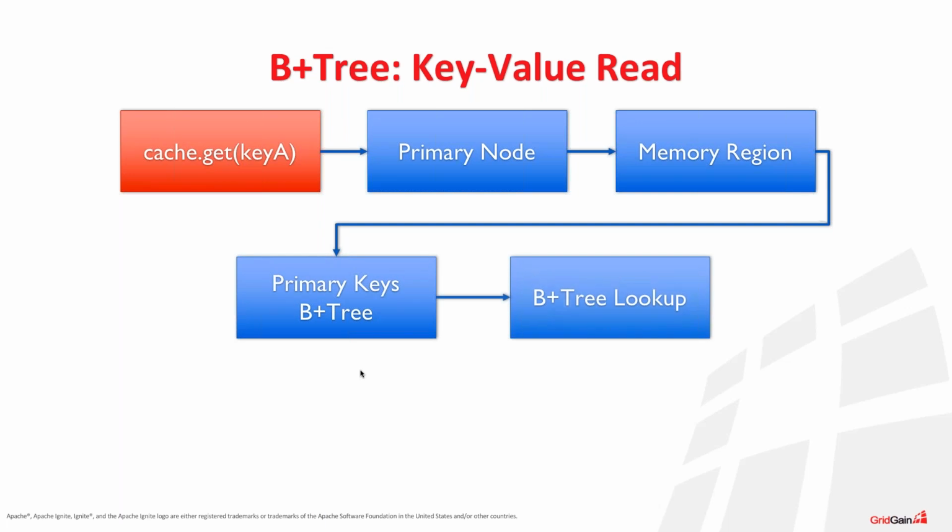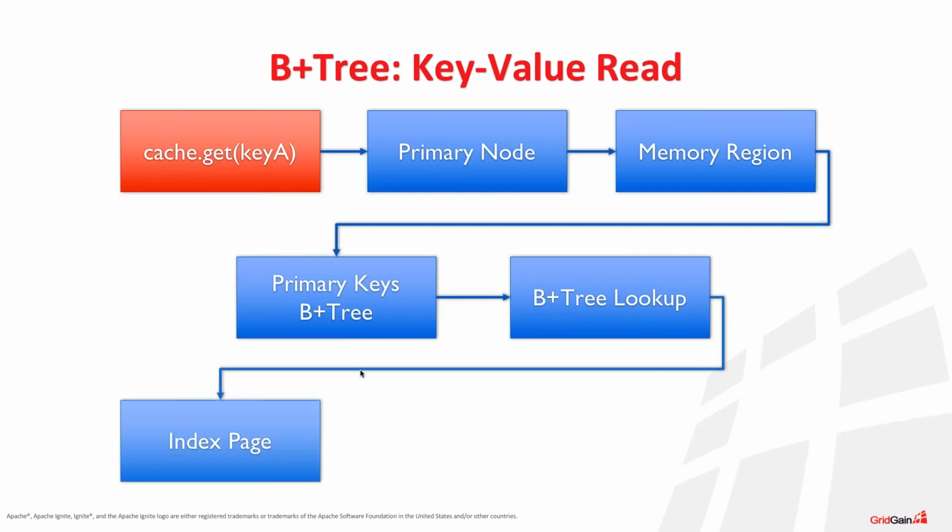Right after that, we will take the hash code of key A and do a lookup in our B+Tree. As a result of this lookup, the B+Tree will return a specific index page. And that index page will contain a reference to our data page.